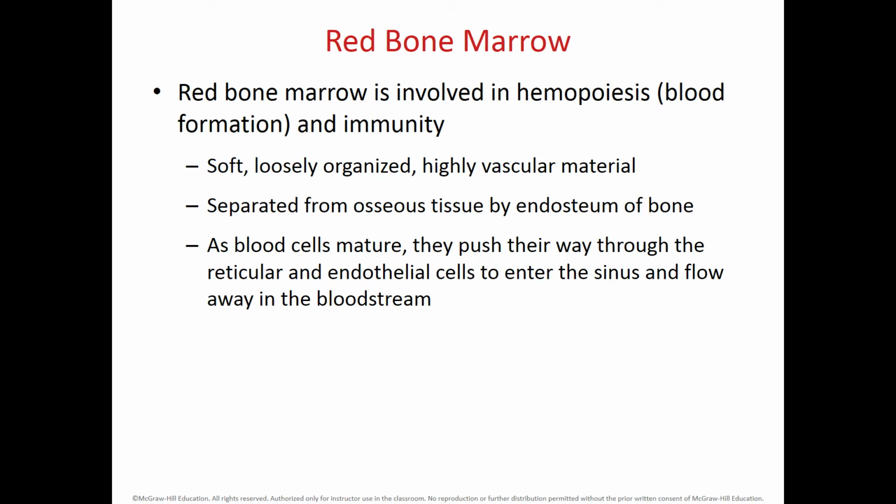These cells will be derived from either the monocyte colony forming unit for the macrophages or the lymphocyte colony forming unit. So we have a lymphoid lineage for the lymphocytes within the stem cells found within the bone marrow. Once the bone marrow produces these lymphocytes or macrophages, they exit through the sinusoids in the bone marrow, and then they enter the circulation.